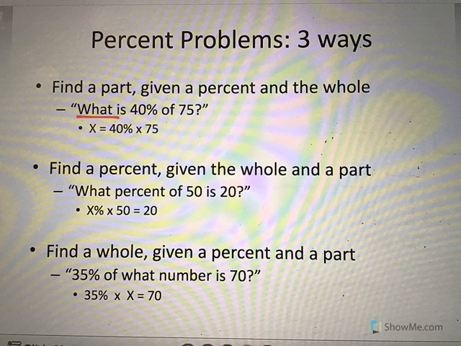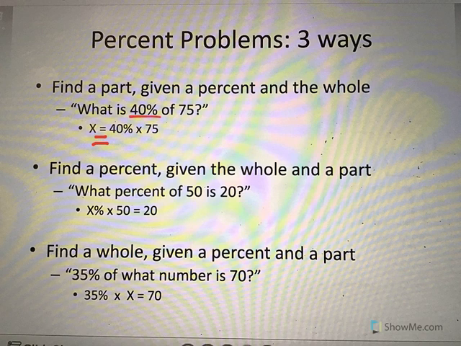If I see the word what, that means it's an unknown quantity, so I'm going to use a variable. When I see the word is, it means equals. Is, to be, I am something, that means I am equivalent to, I am equal to something. If I make that claim in math, when I said is, it means it's equal to something.